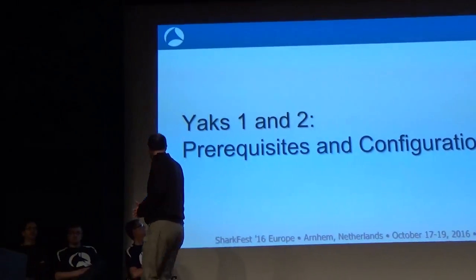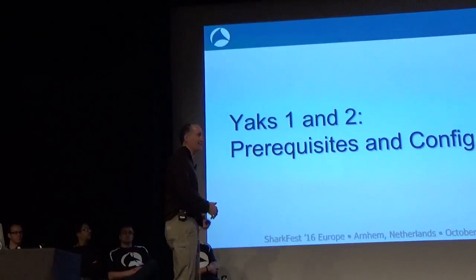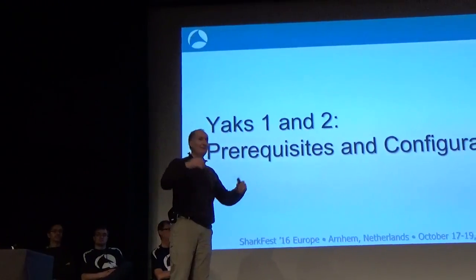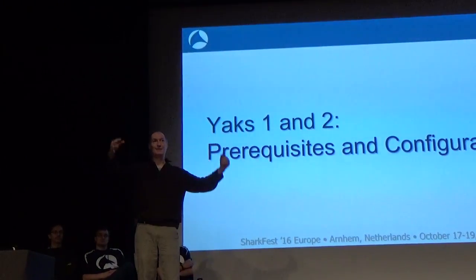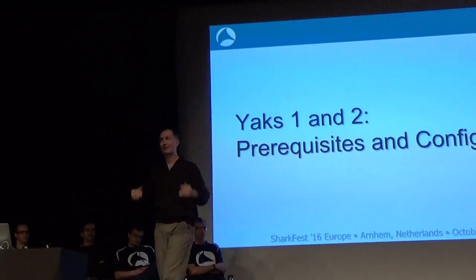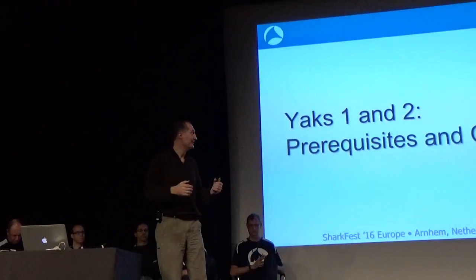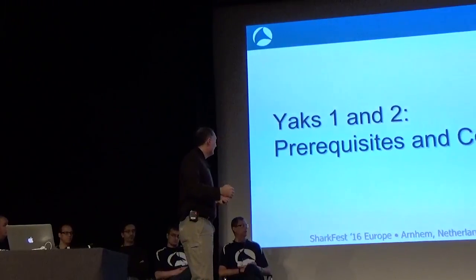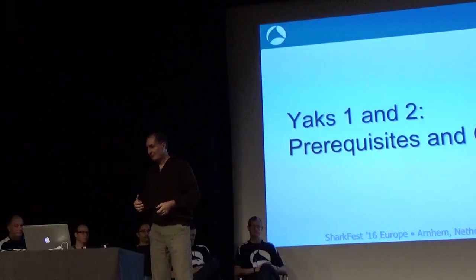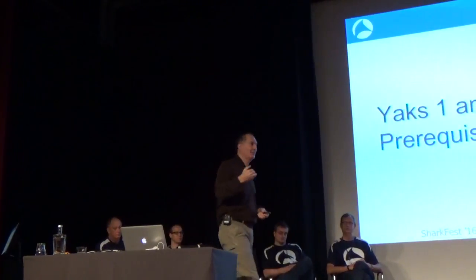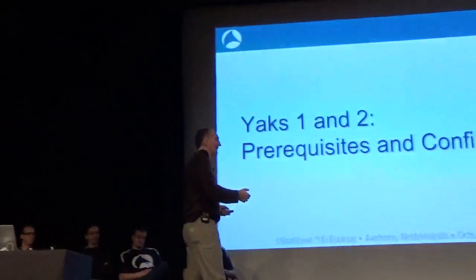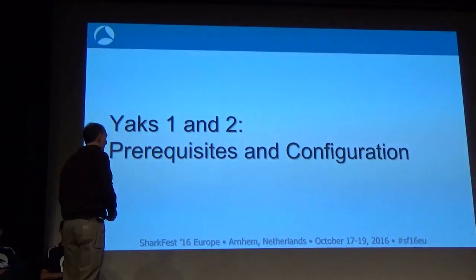The first items, the first 2, are prerequisites and configuration. If you want to build Wireshark, you have to install a bunch of third-party libraries and applications and a compiler and other build tools. And getting that all in place is easy on some platforms, which we were kind of talking about last night, and quite difficult on others.